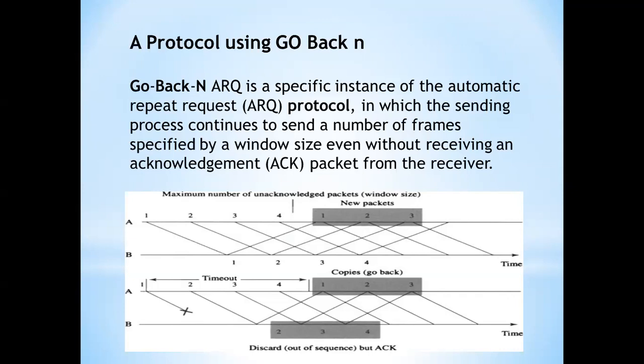The principle of Go Back N: the major difference from the previous system is that the sender does not wait for the ACK signal before transmitting the next frame. It transmits frames continuously as long as it does not receive the NAK signal, the negative acknowledgement signal.